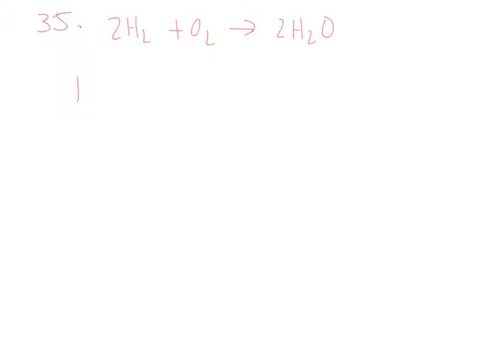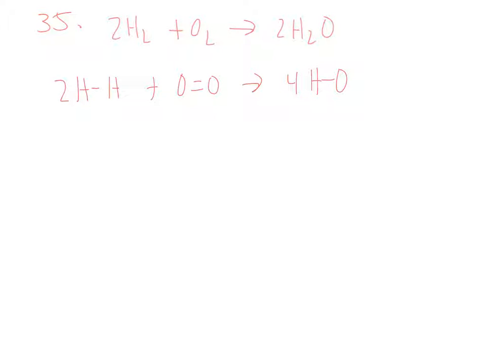In number 35, I'm asked to use the bond enthalpies again to calculate delta H. So this time I have 2H2, so those are single bonds, and it's going to be 2 of them. And then I have O2, which is a double bond, and it's forming H2O, which is going to be a total of 4 HO bonds because there's 2 hydrogens in each water bonded to the oxygen.